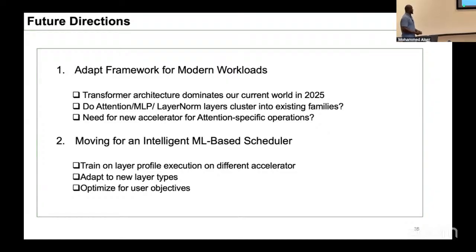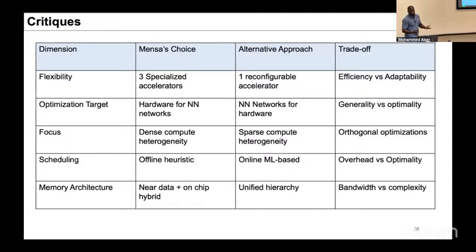That's something that we can look at. And also, do we design a more intelligent scheduler that can learn and adapt to the different layer types, but online, and so on. So those are the different directions, the ways that we can take this idea.